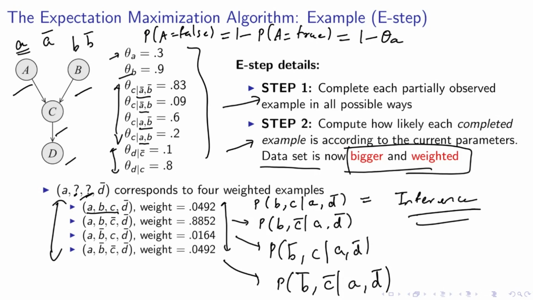For the example given on the slide, you can verify that the likelihood of the first completion is 0.0492, the likelihood of the second completion is 0.8852, the third completion is 0.0164, and the last one is given on the slide.